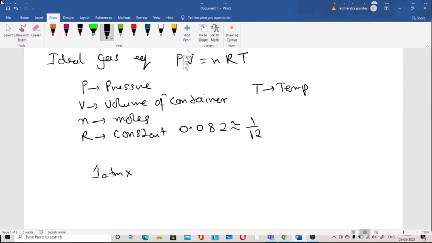V is the volume. Then we put 22.4 liter. Number of moles is N, R is 0.082, and temperature is 273. So how much is N? Can you tell me the value of N, number of moles?